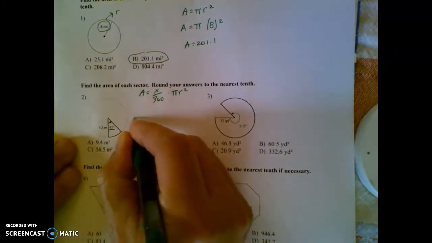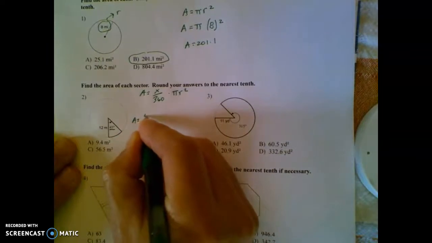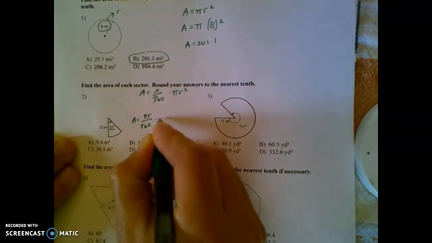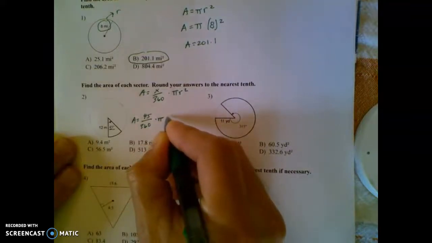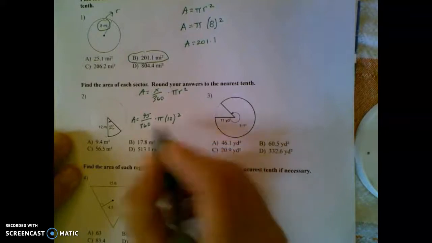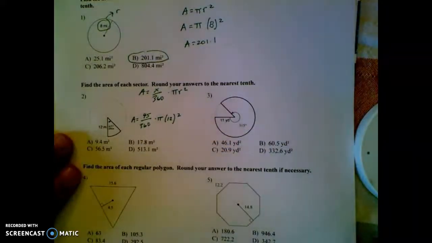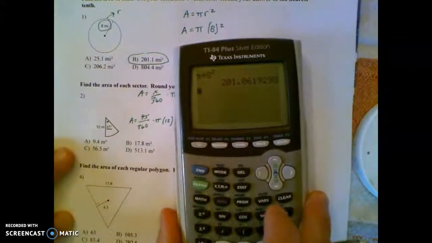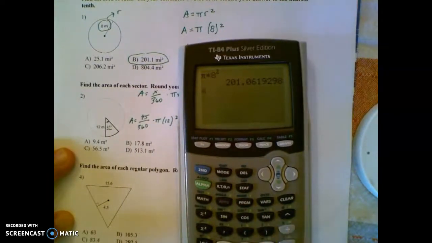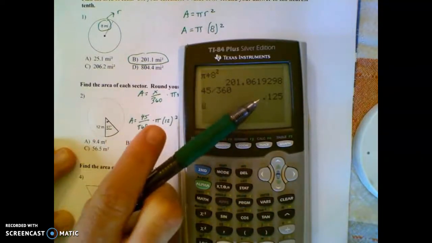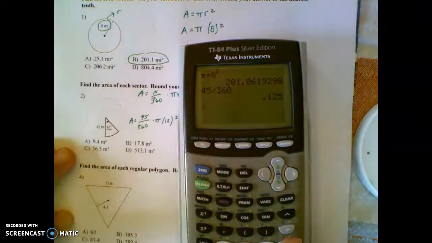So let's do it for number 2. Area is equal to 45 is the angle, over 360, times pi, my radius is 12, and I've got to square that. So I'd probably go right to the calculator at this point. The way I would handle that on my calculator, I'd do the 45 out of 360 first. That's 0.125 in decimal form.